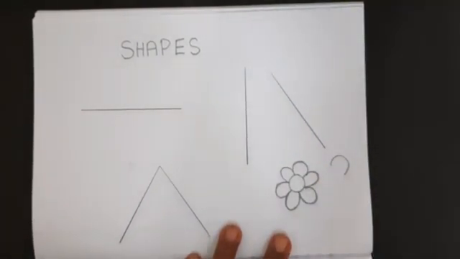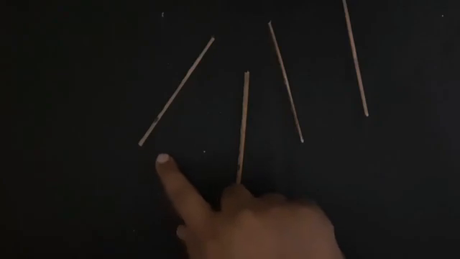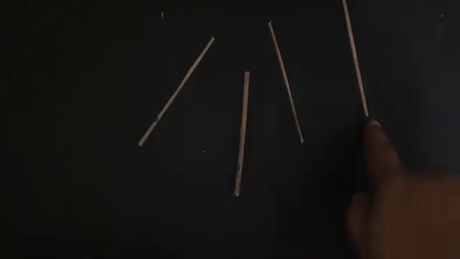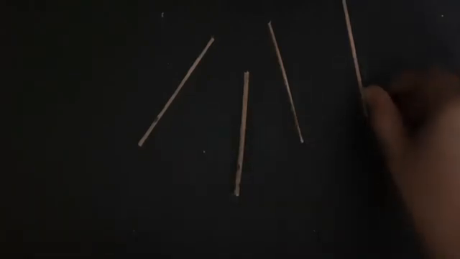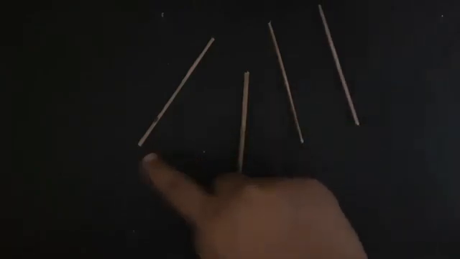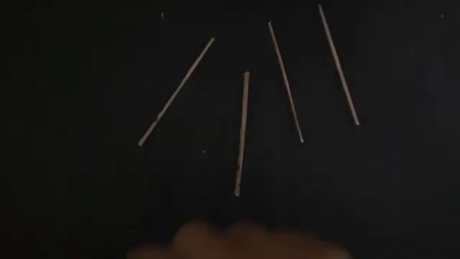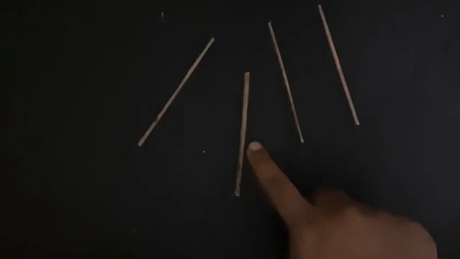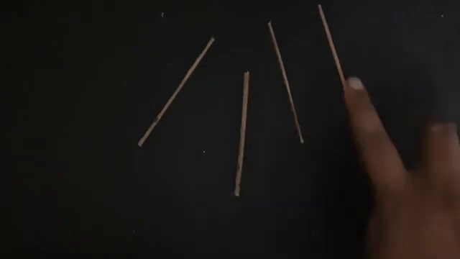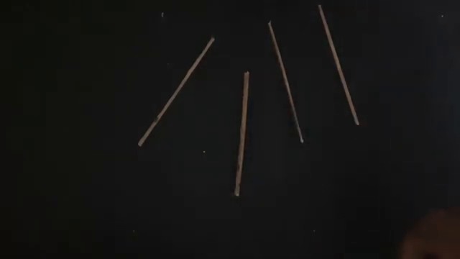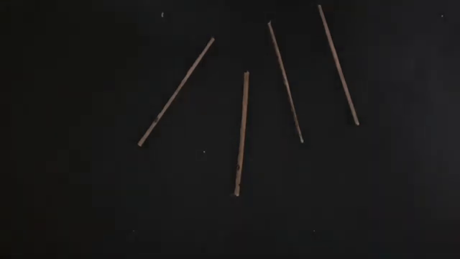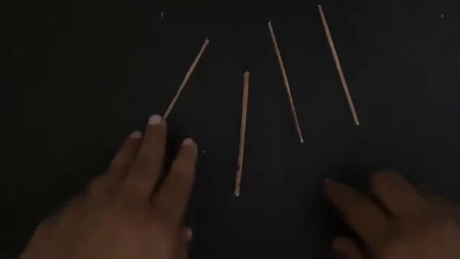Okay. Children, now I'm taking some lines here. Consider these as lines. Let us count how many lines we have. 1, 2, 3, 4. So we have taken 4 lines. Now children, we are going to check the length of these lines.